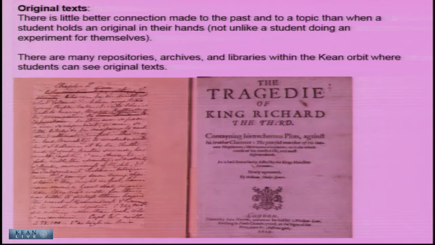Here, for example, on the left, it's not a copy of Shakespeare's manuscript, but it's a fairly old transcription of Richard III, which exists and which you can look at. It sounds almost metaphysical to say, but this idea of touching something from the past.